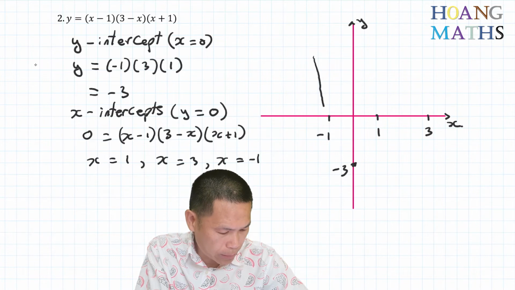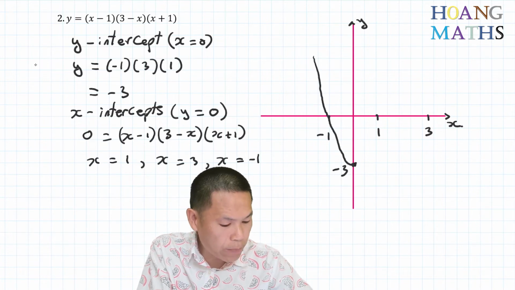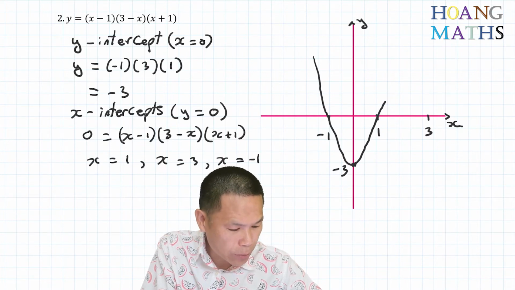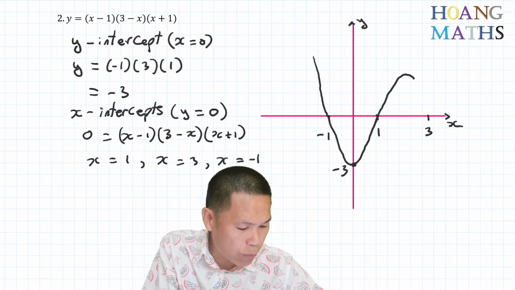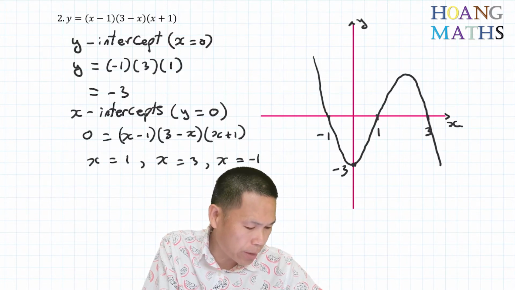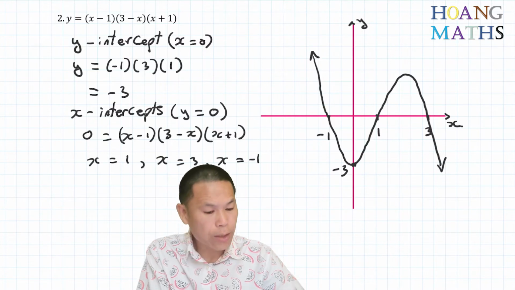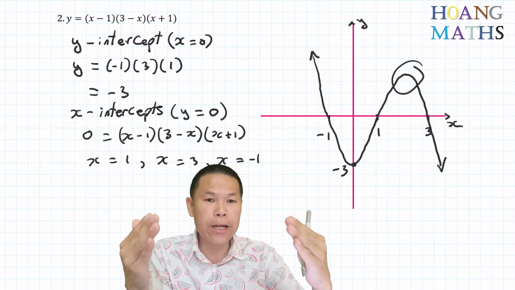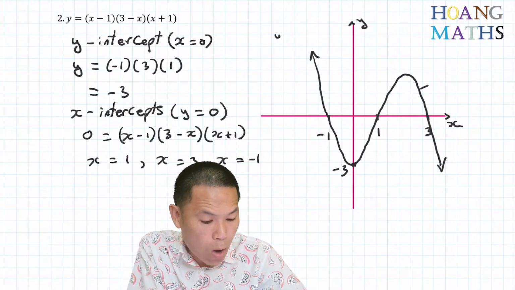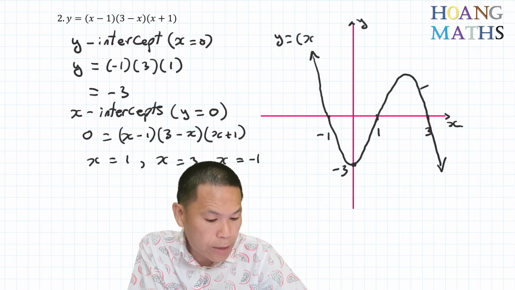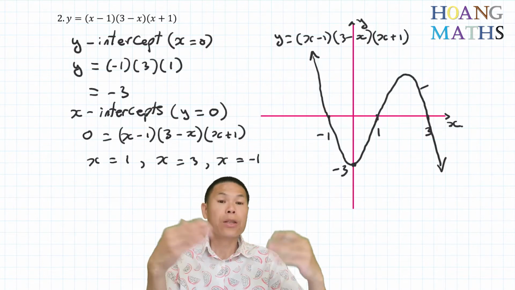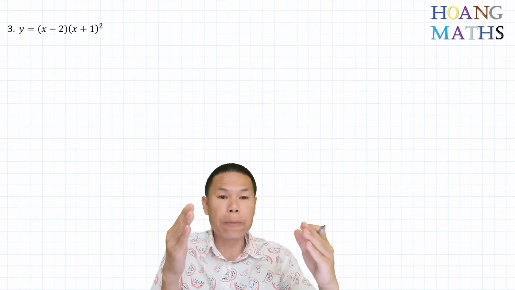So we just go like this, roughly, and go all the way up and cut the x-axis at 1, go somewhere in between, and we turn back, roughly, that's all. There you go. Do not worry about the turning point for now. I will teach you later on, okay? And this is y equal to x minus 1, 3 minus x, and x plus 1. There you go. Next one.